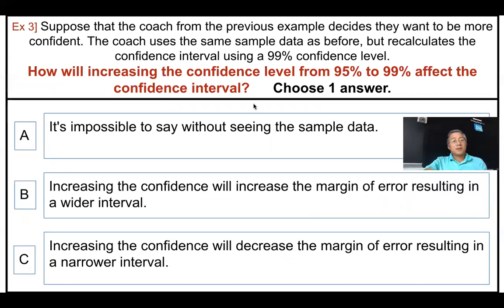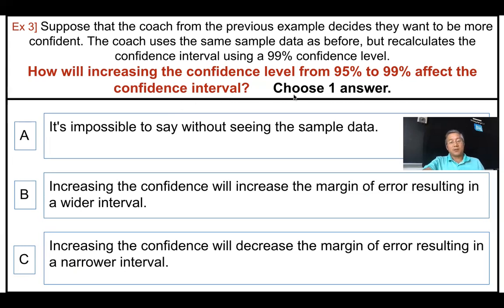Suppose that the coach from the previous example decides they want to be more confident. The coach uses the same sample data as before, but recalculates the confidence interval using a 99% confidence level. So 99% from the 95%. How will increasing the confidence level from 95% to 99% affect the confidence interval?